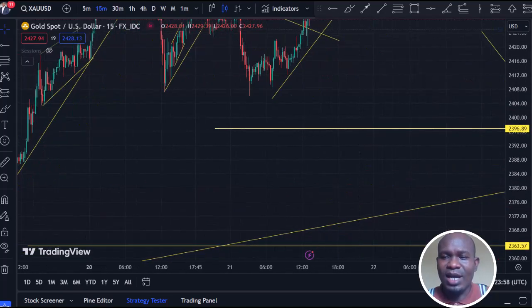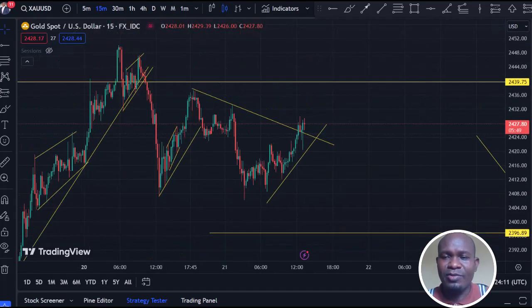Remember, our take profit for this potential short position is here and here. At this moment, we are looking to see if this move is over. We have seen an impulse, a correction, an impulse, a correction, an impulse.